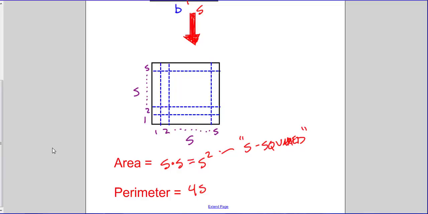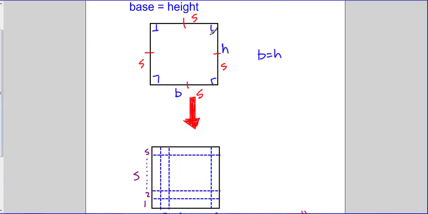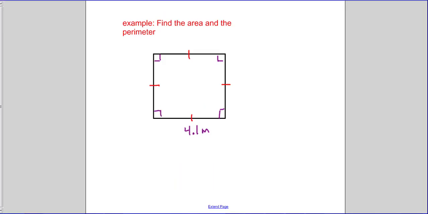The perimeter is 4S. Now you could actually, again, use the formula for the rectangle to get the square, because the square is in fact a rectangle, because it does have opposite sides equal in length and 4 right angles. So our last example here, find the area and perimeter of this square. Well, the area is S squared.